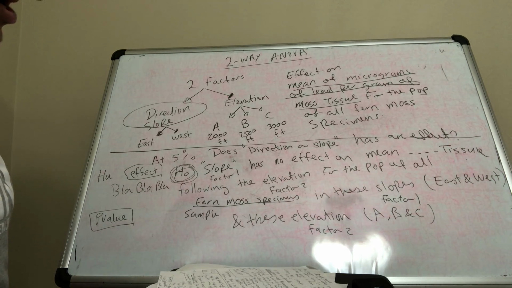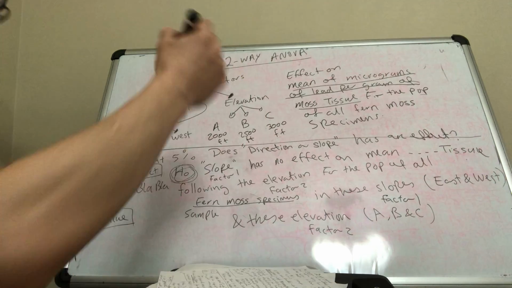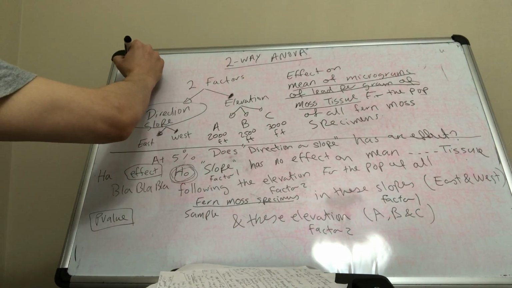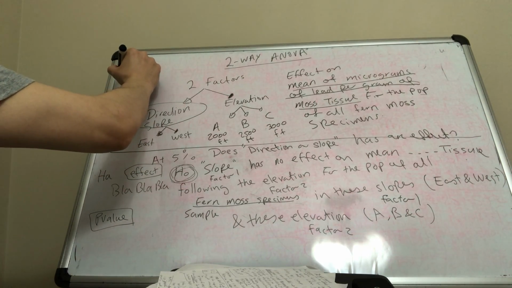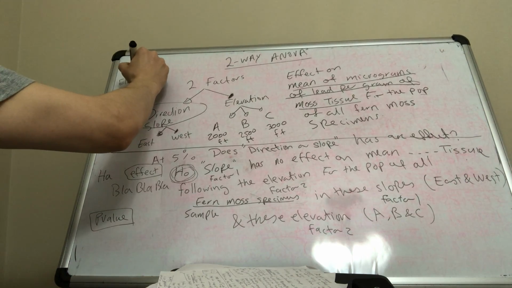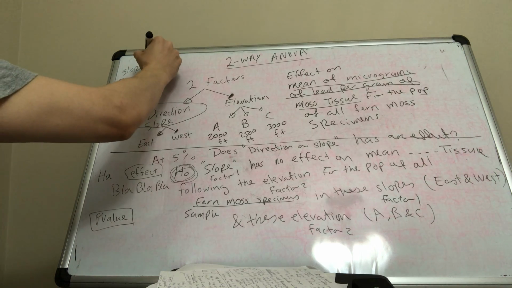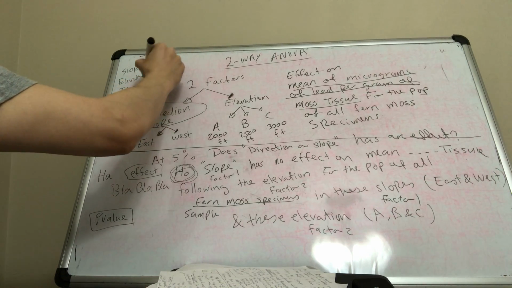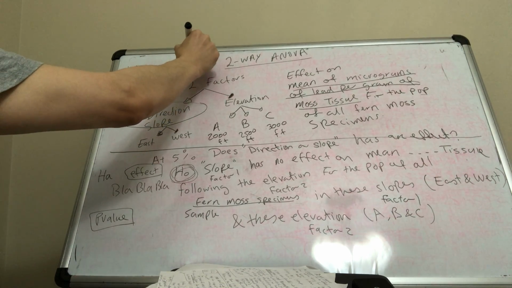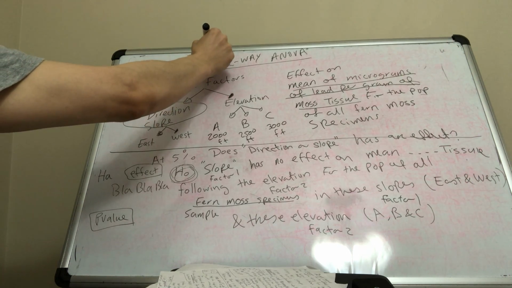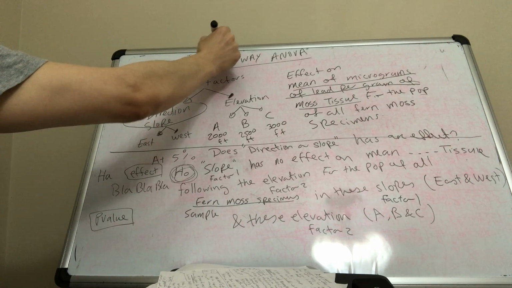It's going to look something like slope, elevation, total, and at the same level of slope and elevation, you're going to see a T and a p-value.